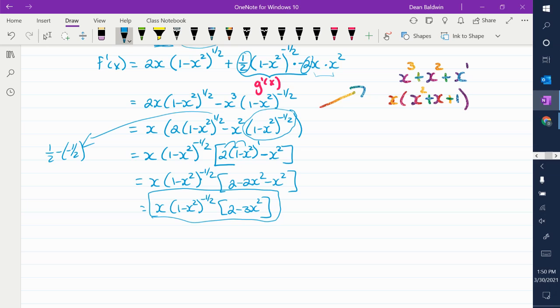Not quite. You put the 1 minus x squared in the denominator because it's a negative exponent. But that is correct, but you could write it like this.